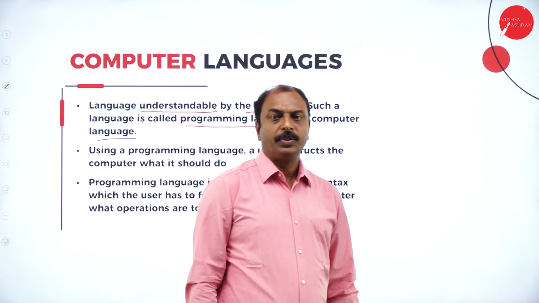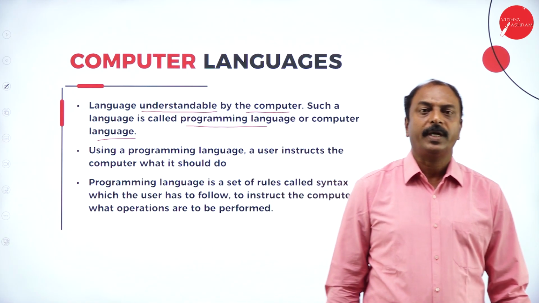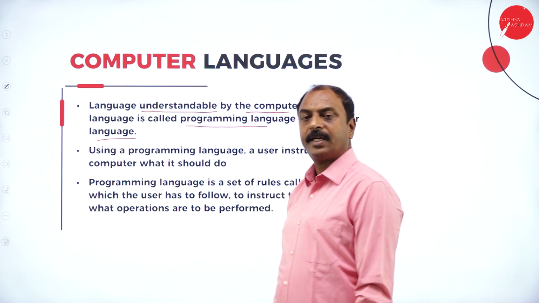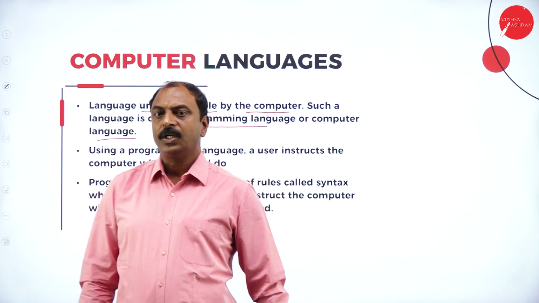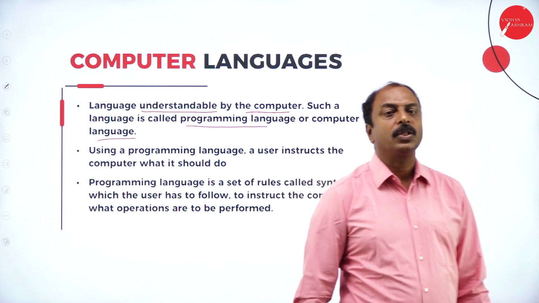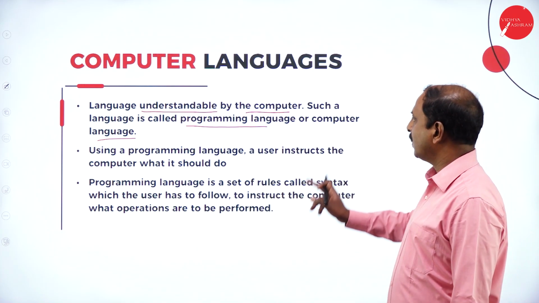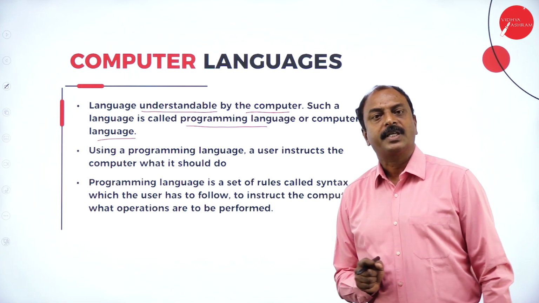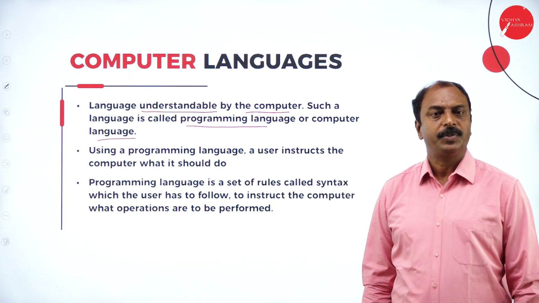So we interact with the computer through a language, that is, computer language. As a computer is a machine, it cannot understand any other language; it understands only machine-level language or only a few languages. Those languages are called computer languages.